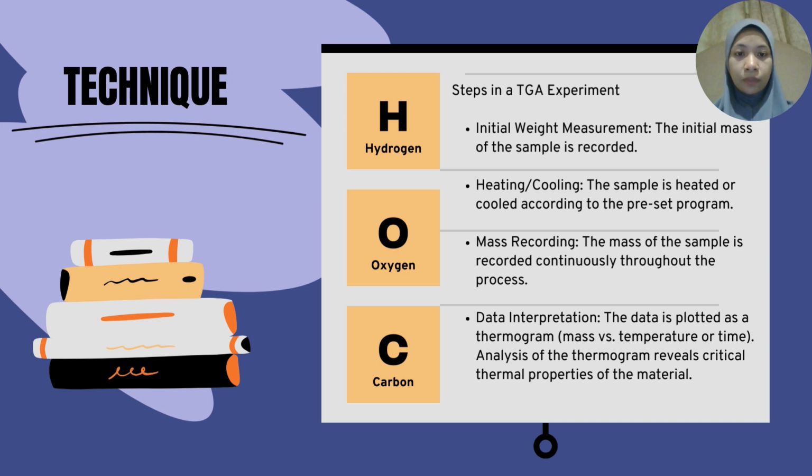Mass recording: the mass of the sample is recorded continuously throughout the process. And the last one, data interpretation: the data is plotted as a thermogram, mass versus temperature or time. Analysis of the thermogram reveals critical thermal properties of the material.